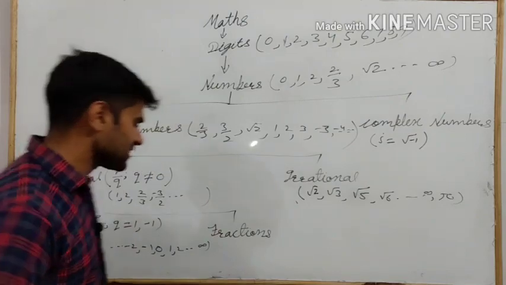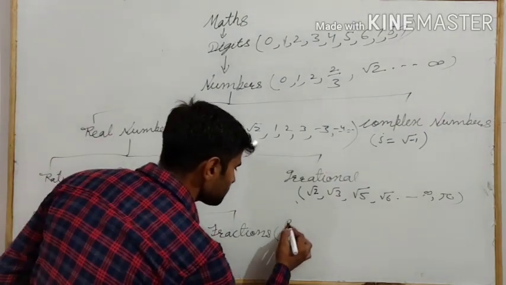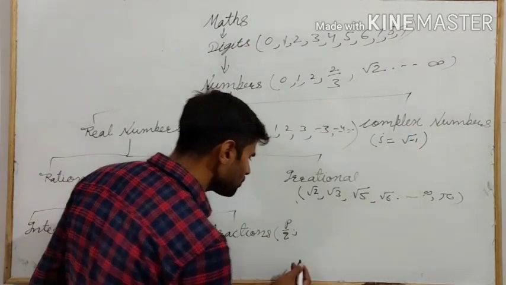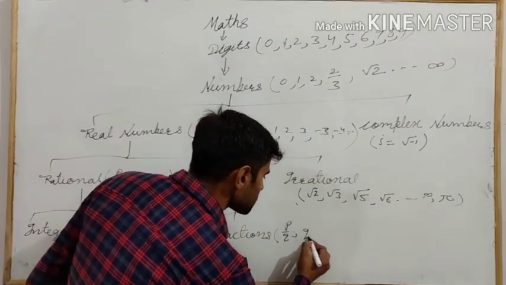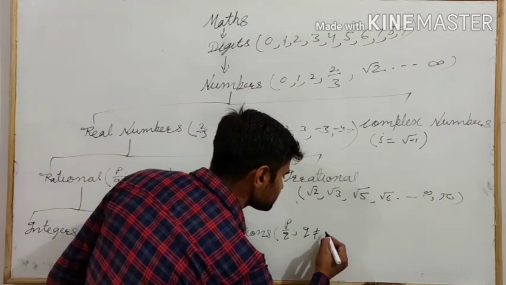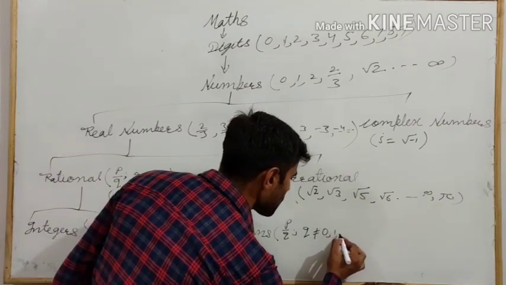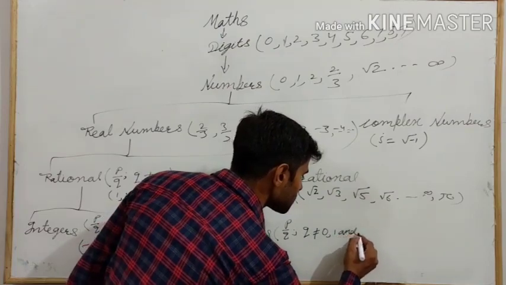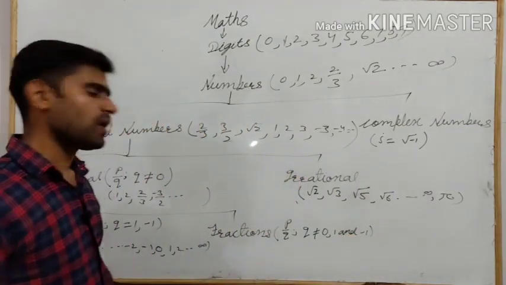Now fractions. Fractions are also in p upon q form, but there q is always other than 0, 1 and minus 1.